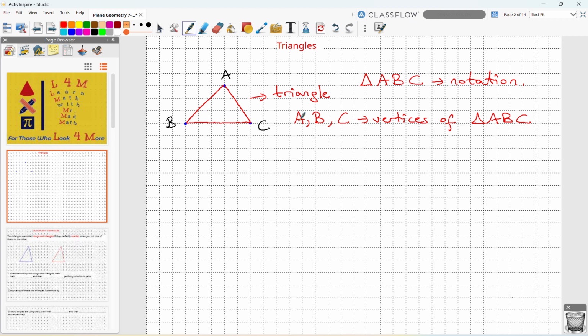Just A is a vertex, B is a vertex, C is a vertex. Vertices is the plural form. The line segments AB, BC, and AC or CA are called the sides of the triangle ABC.